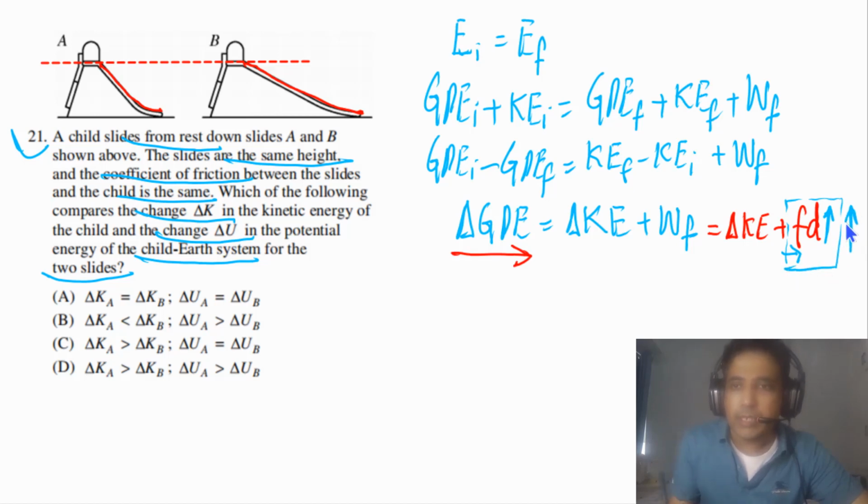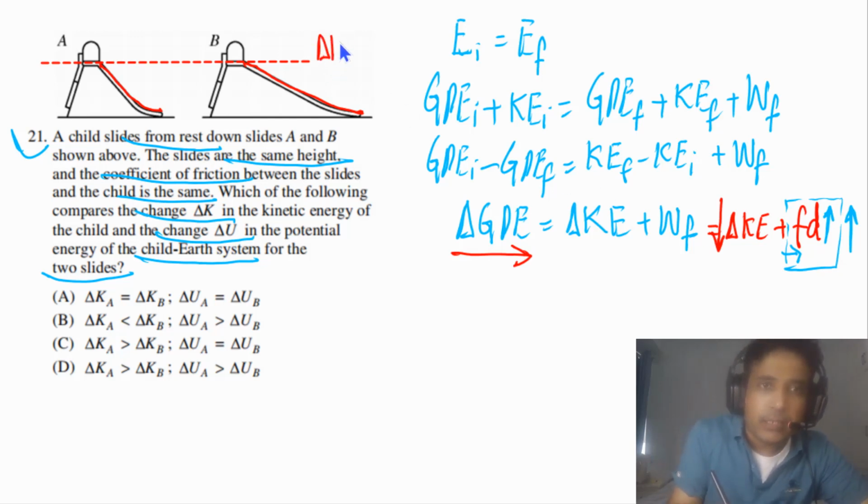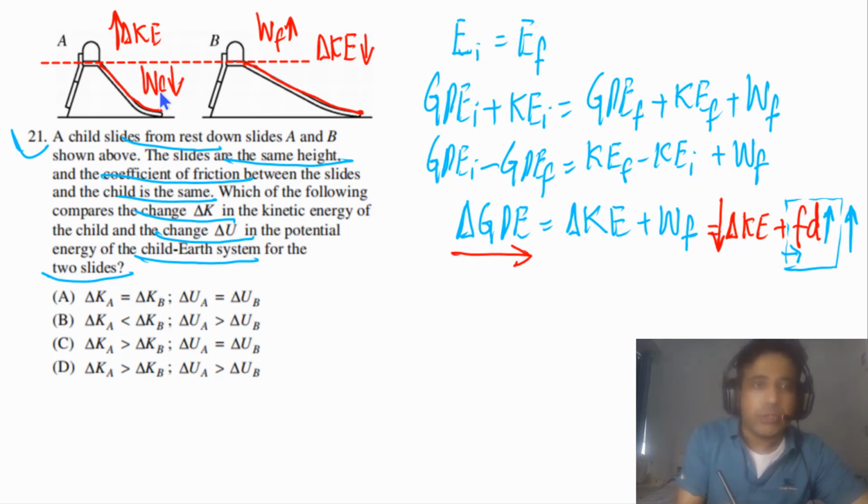If work done against friction is greater, the change in KE will be lower. So in B, delta K will be lower because work done against friction is greater, and in A, delta KE will be greater because work done against friction is lower. So the change in delta K for A is greater.